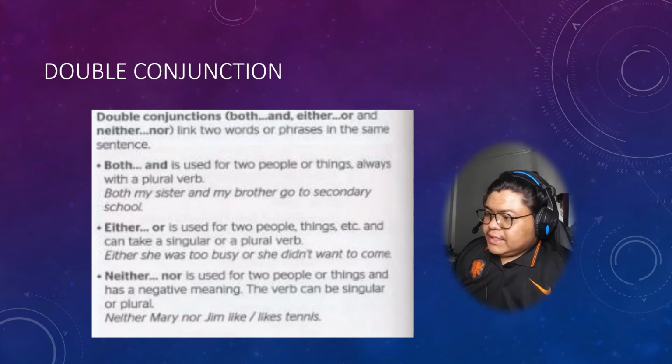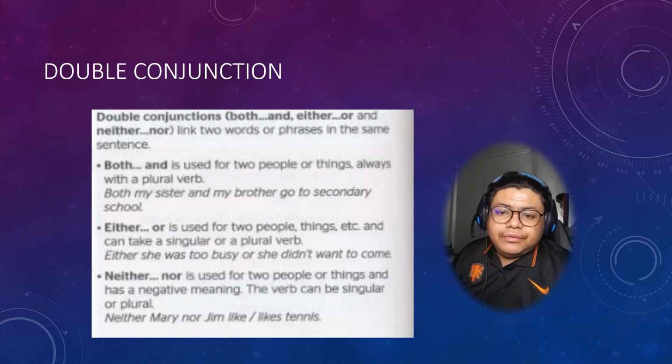Okay, contohnya kat sini both and. Maksudnya kat situ ada dua perkara lah. Okay, both perkara satu dan and perkara dua. Is used for two people, dua orang saja, or things, always with a plural verb. Okay, mesti plural verb. Dia punya verb yang datang kemudian tu.